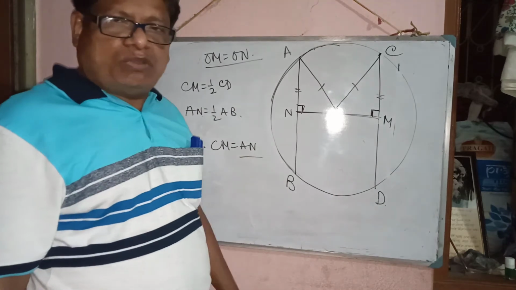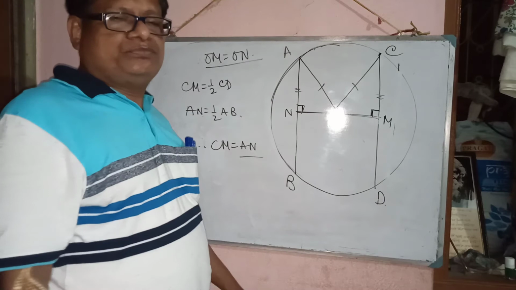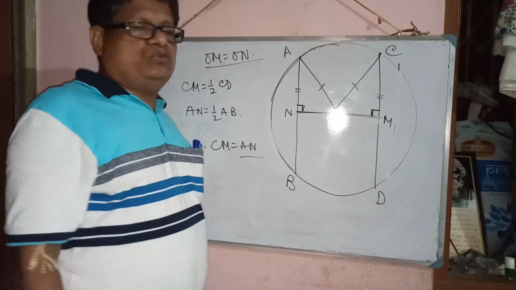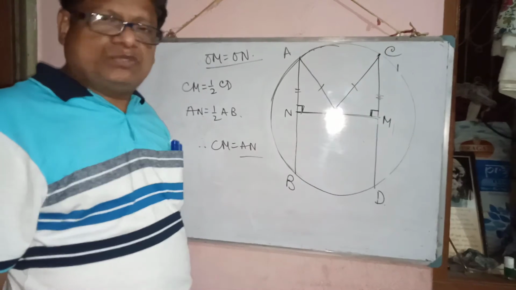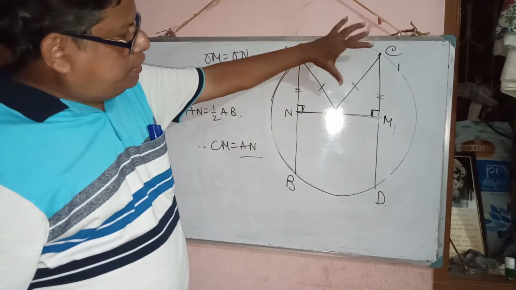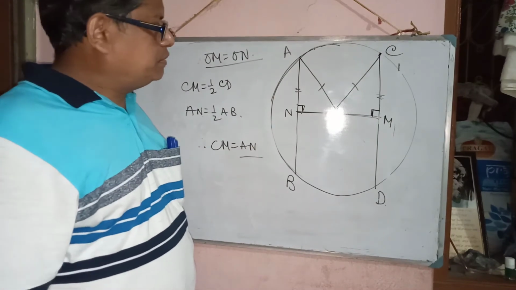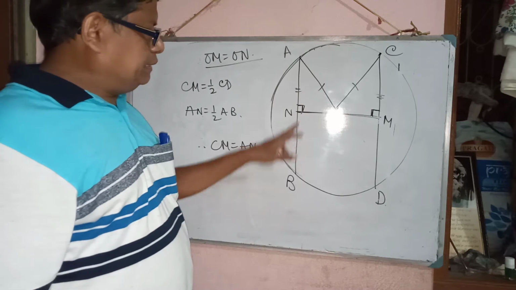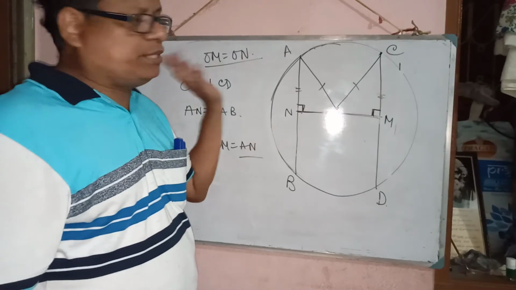AB and CD are equal, that is why AN equals CM. Considering these two triangles, both radii OA and OC are equal, this angle is 90, this also 90 degree, and these two sides are equal.